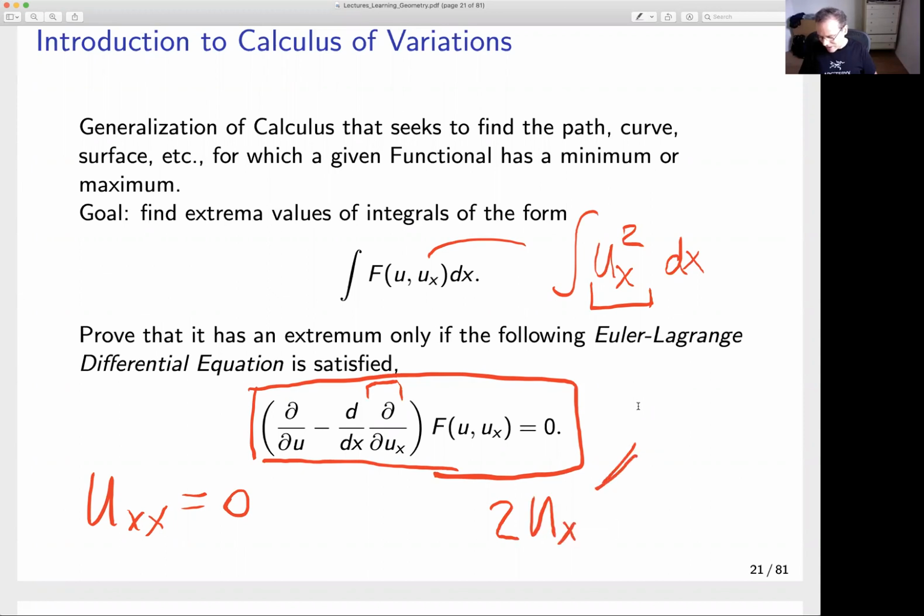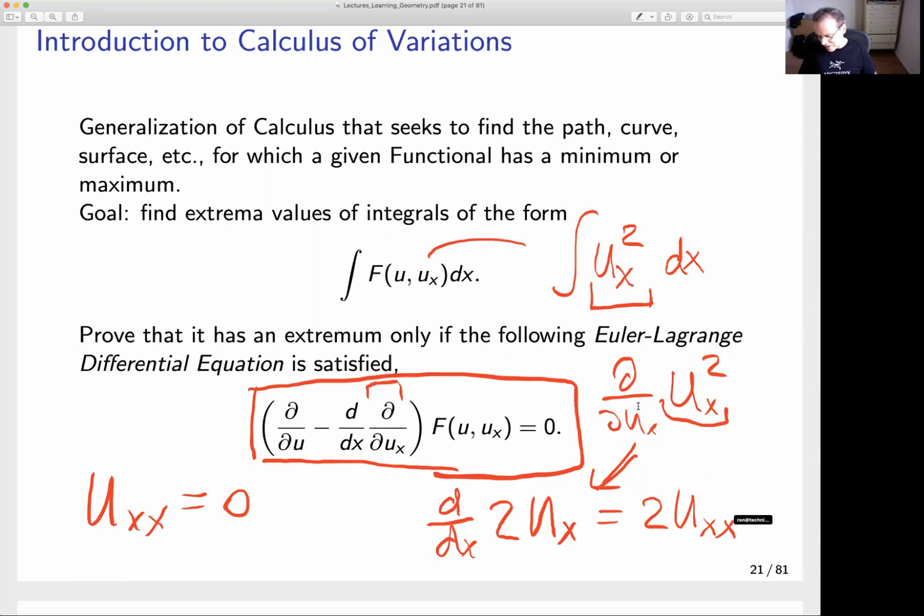So this would be the result of taking partial derivative with respect to Ux of Ux squared. It is treating Ux as Q, and Q squared derivative is nothing but 2 times Q. And now I'm taking a derivative of this part with respect to x. And the output would be 2Uxx.